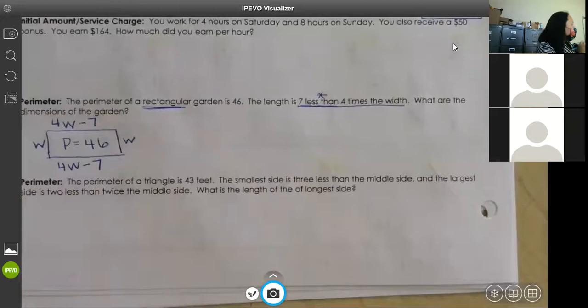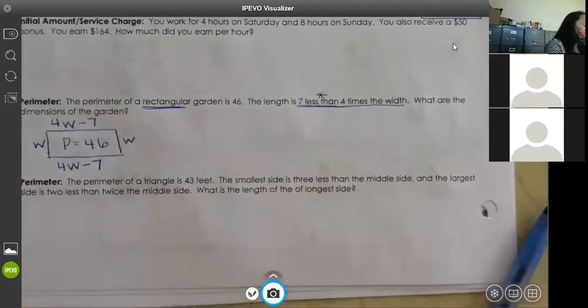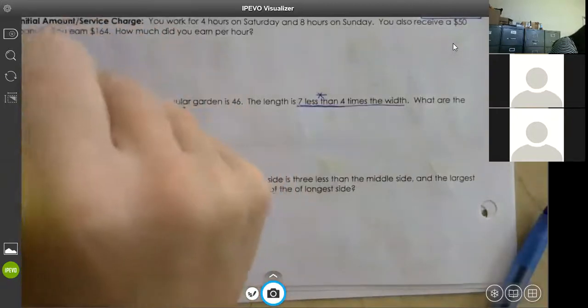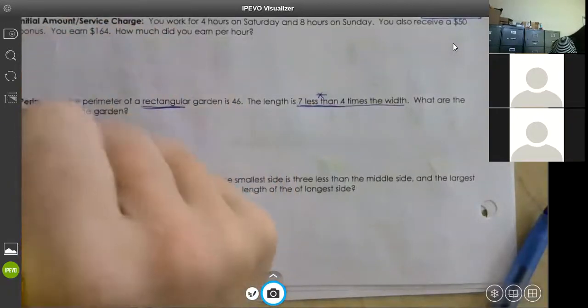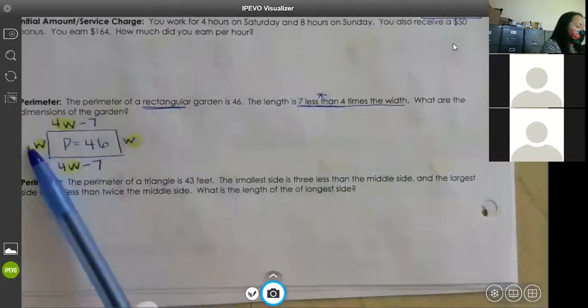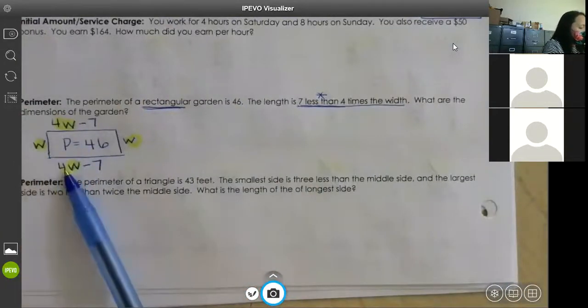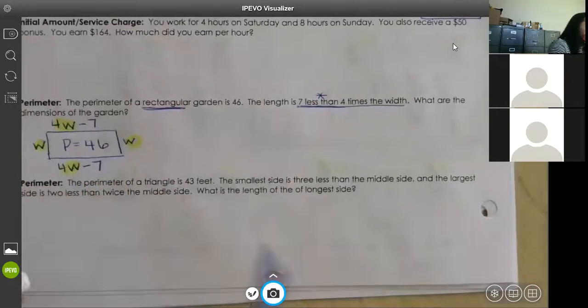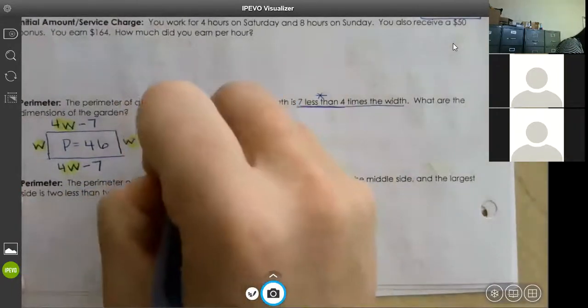Tell me again how we find perimeter. Add all the sides. Okay, so look at all of our W's first. We have 4, 1, 4, 1. So let's add them slowly. 4 plus 1 plus 4. 9 plus 1 is. So total, I have 10 W's.